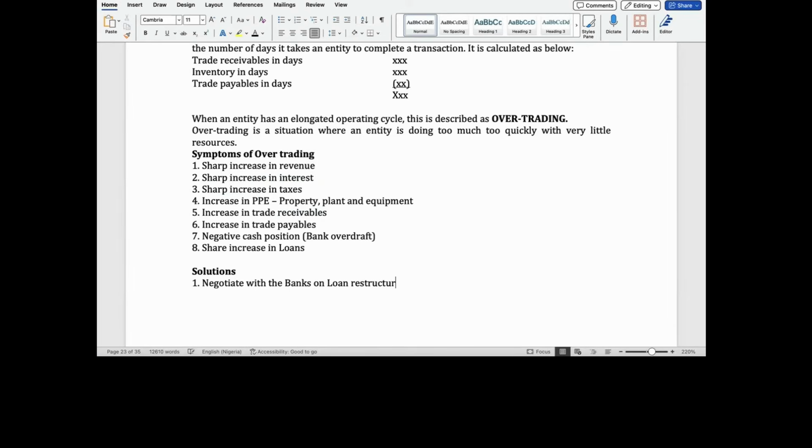You want to restructure the loan. And loan restructuring does not mean you're not going to pay principal. Of course, you're going to pay your principal. Nothing can shake principal. Loan restructuring is just a scenario where they can help you extend the repayment dates.